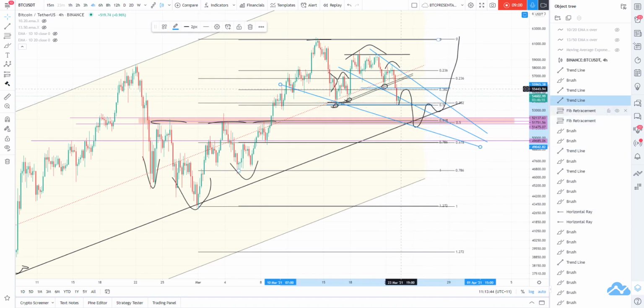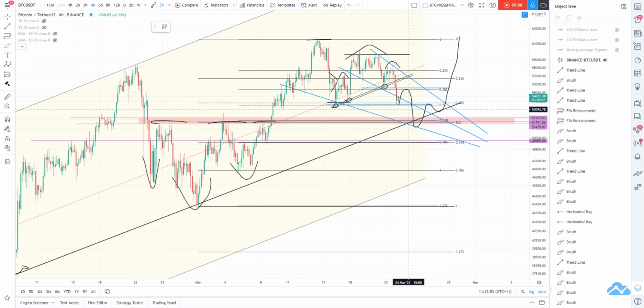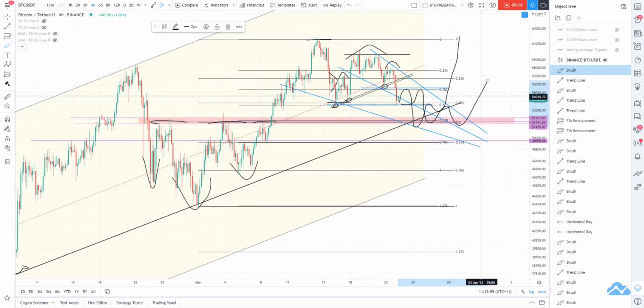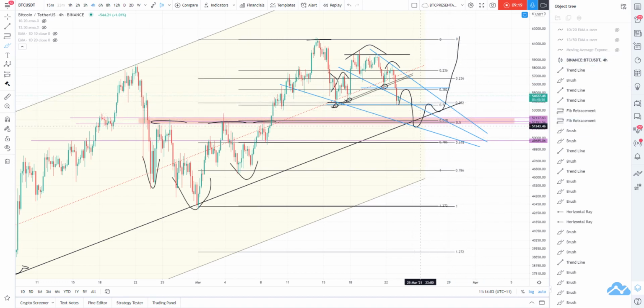And if we have a few touches to this trend line, for instance, if we go like that, then we can see that potentially we can do that as well. We might get a double bottom, who knows, but that is the level that I'm interested in.